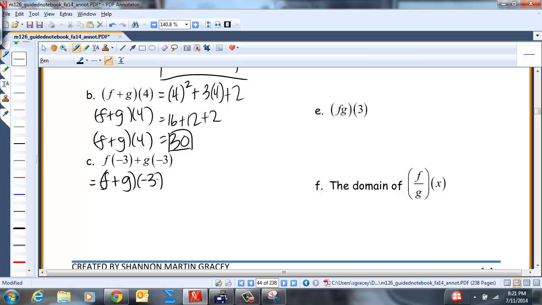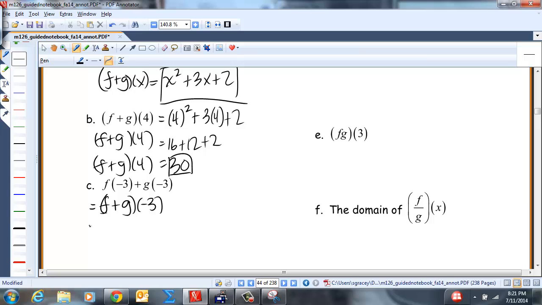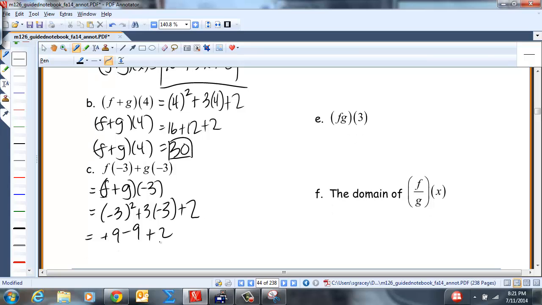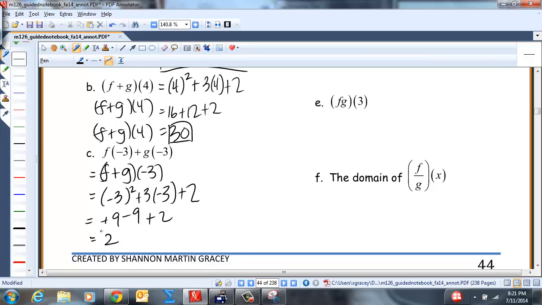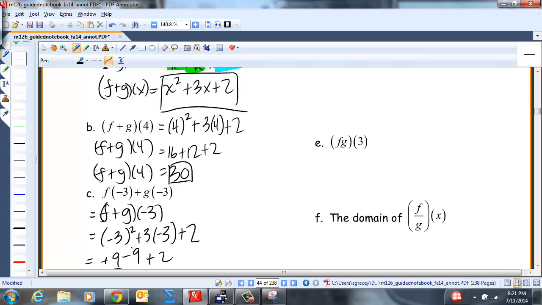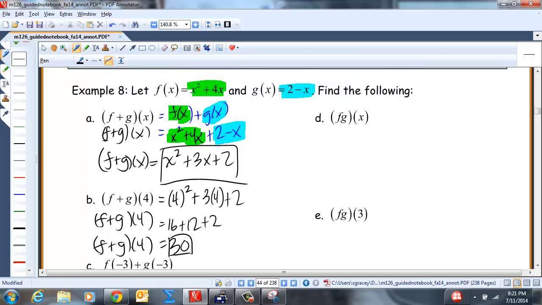So again, we use our function we found up here, and we say, oh, that's going to be -3 squared plus 3 times -3 plus 2, which is 9 minus 9 plus 2, which gives us an end result of 2.